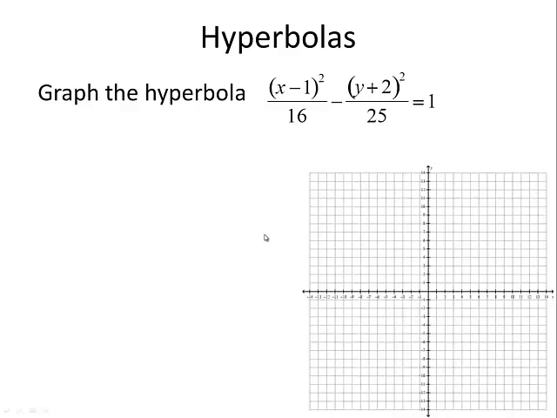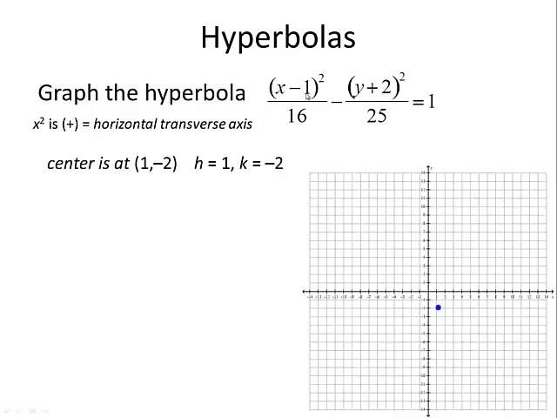One more. You may want to grab a sheet of graph paper and do this first and then come back and check. Alright, hope that you try that. So I'm going to start, and x is positive, so I know it's horizontal, opens towards the x axis in both directions. The center is at 1, -2. Okay, and then a is 4, b is 5.